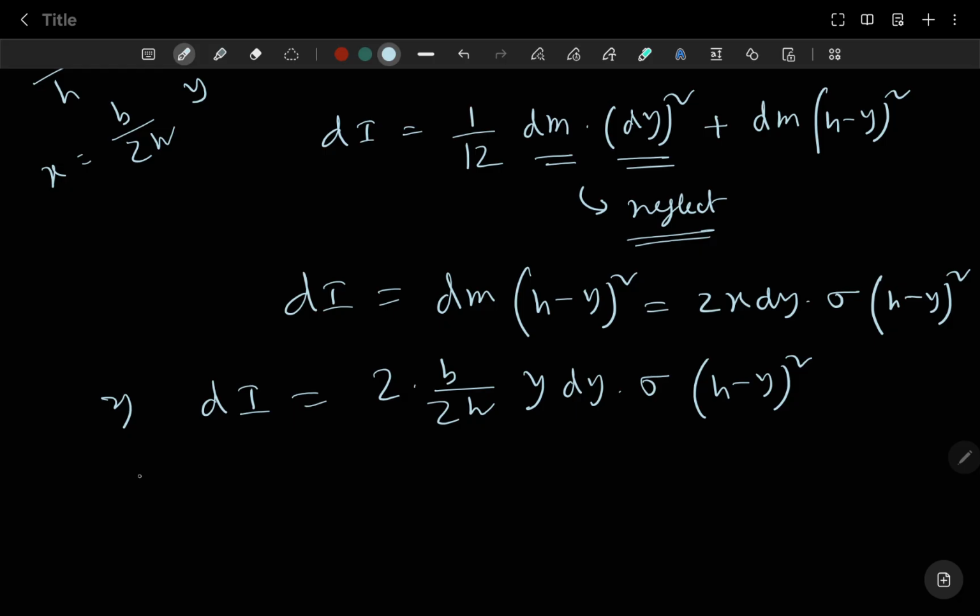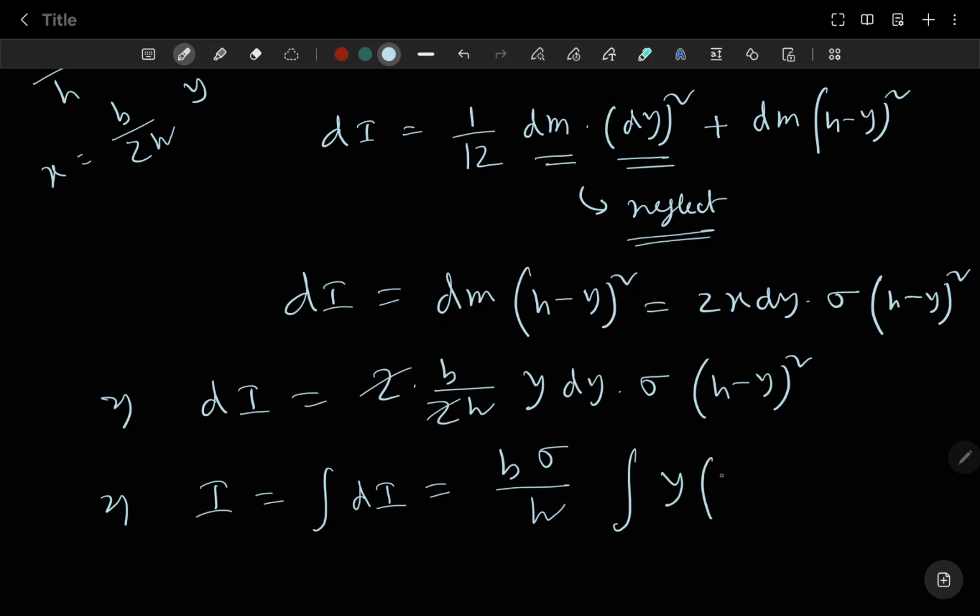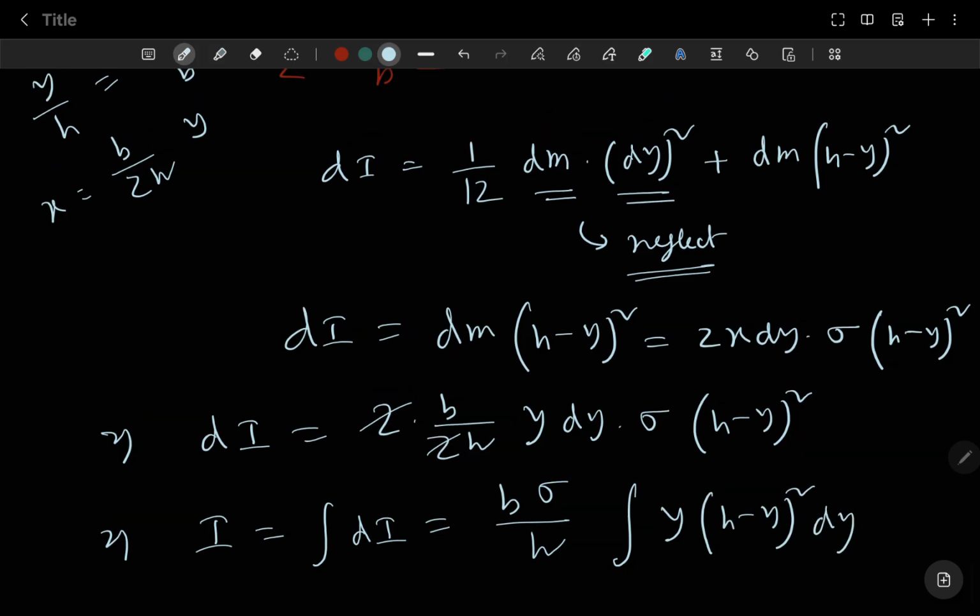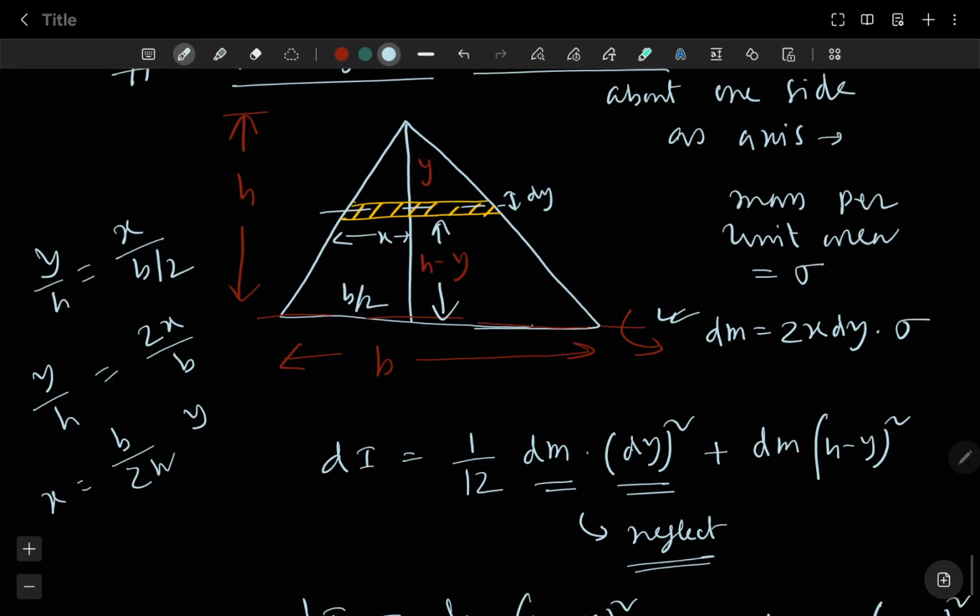So 2 into b by 2h into y dy into sigma into h minus y square. Let us integrate. So it will be b sigma by h integral y (h minus y) square dy, where y goes from 0 to h.